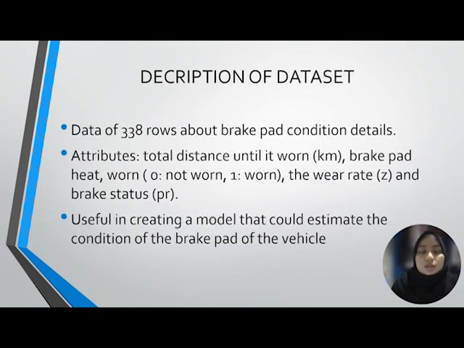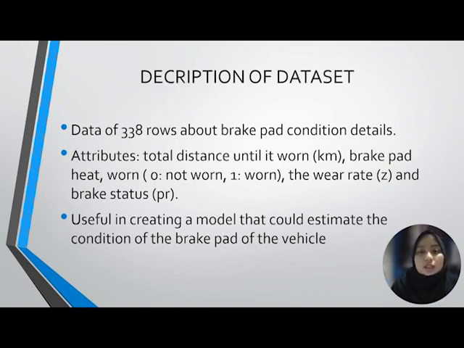Next, we go to the description of the dataset, where our dataset consists of 338 rows about the brake condition with 5 columns of attributes: the total distance until it is worn in kilometers, brake pad heat, worn where 0 is not worn and 1 is worn, the wear rate as Z, and also the brake status as a probability value in the range of 0 to 1.